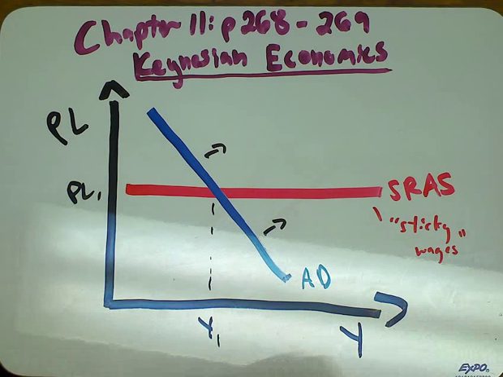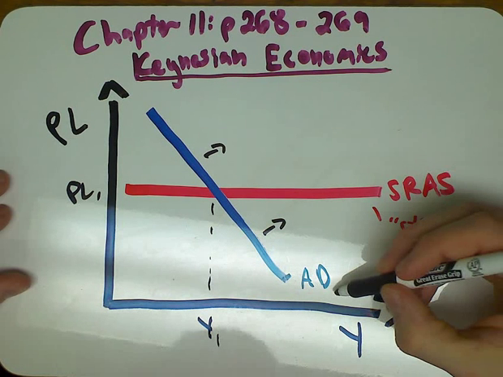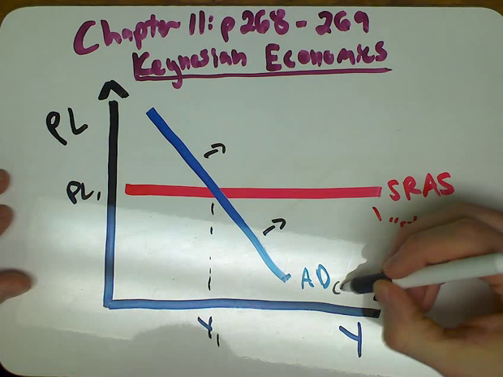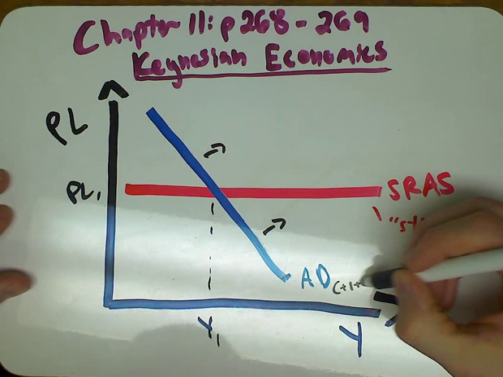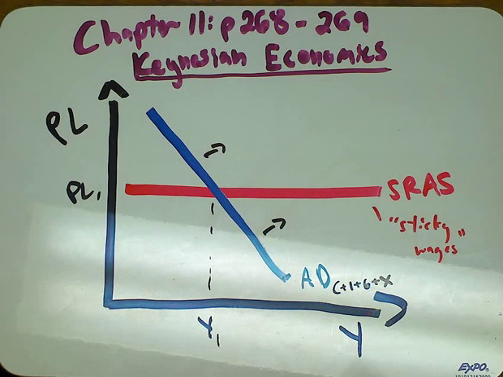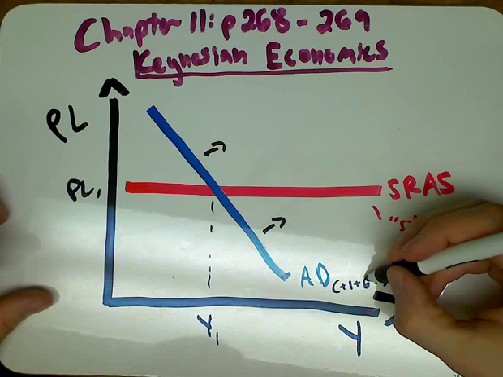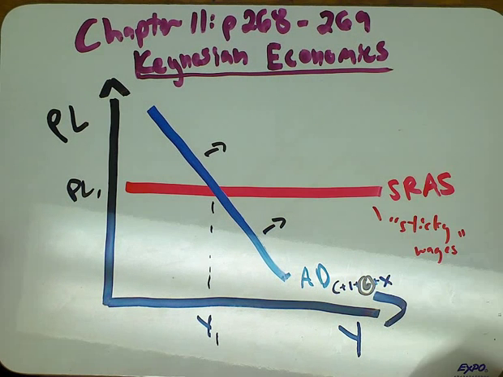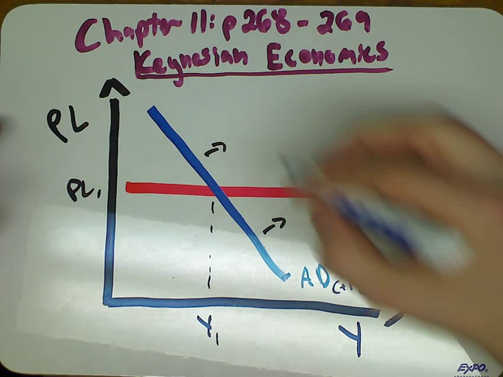If you remember from previous lessons, aggregate demand is calculated via the expenditure approach. It's all the expenditures we make in our economy, and so that's C plus I plus G plus X. So if we're able to boost government spending, then we're going to be able to boost the entire curve.